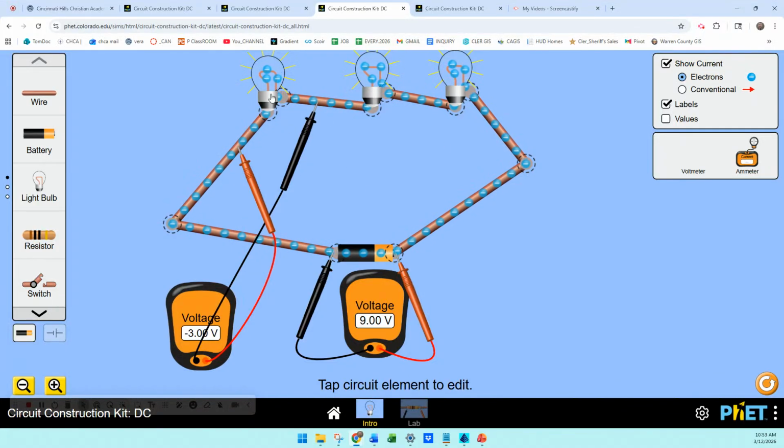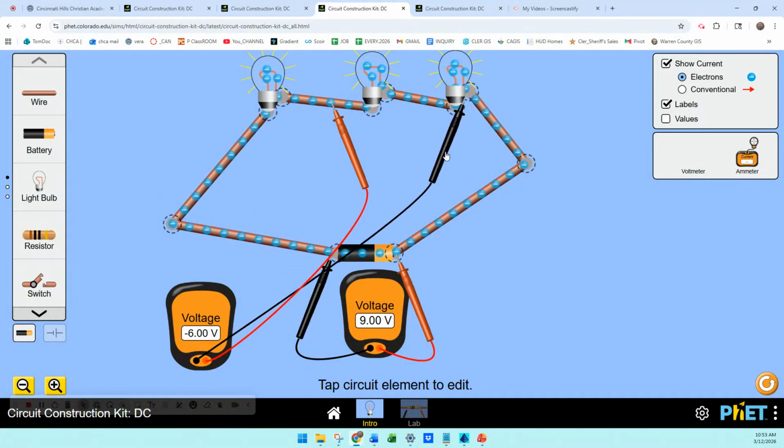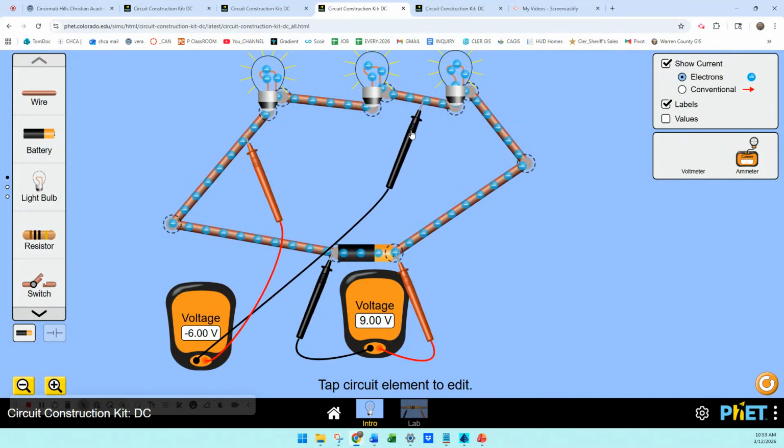If the resistors or the lights are equal to each other, it's equally divided by 3. So we get 3 across each of them: -3, -3. If we go over here, it's minus another 3. Now, if we were to go across all 3 of those, of course, it'd be -9, or across just 2 of them, it would be -6.